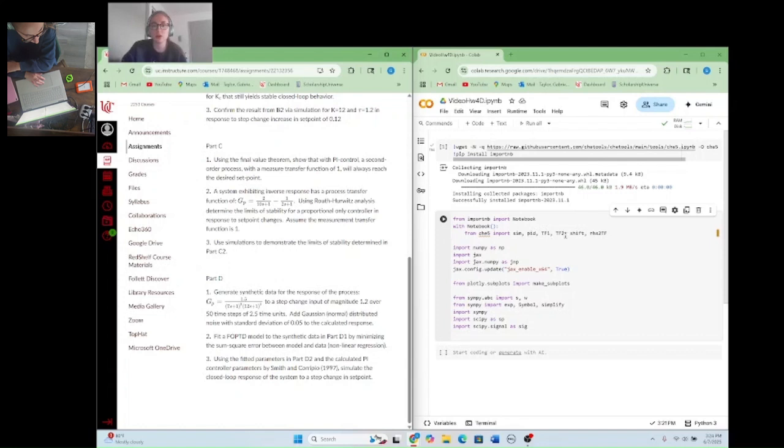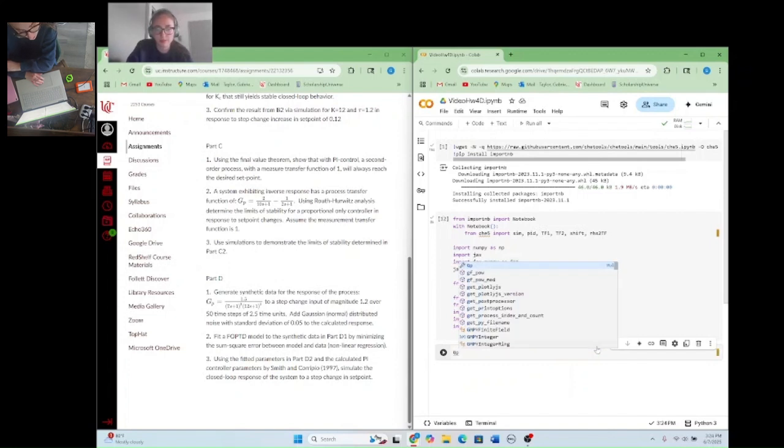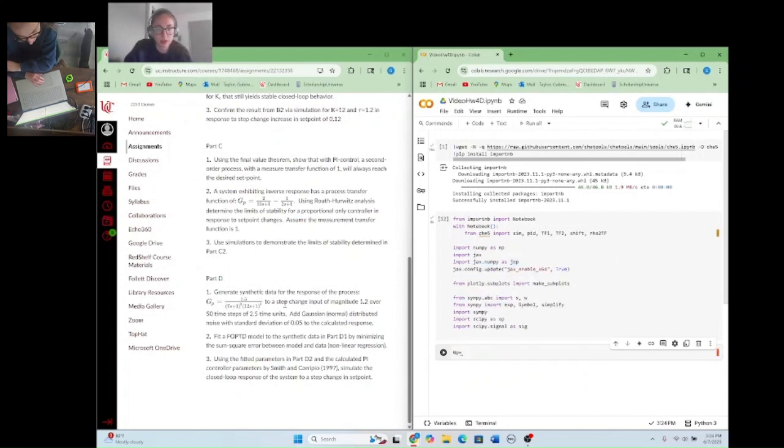Okay, so over here I have this imported our library from GitHub. The first thing that we want to do is import our GP, and I'm going to use this equation that we have right over here.